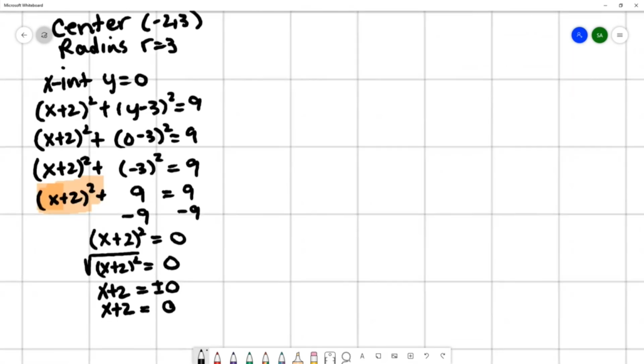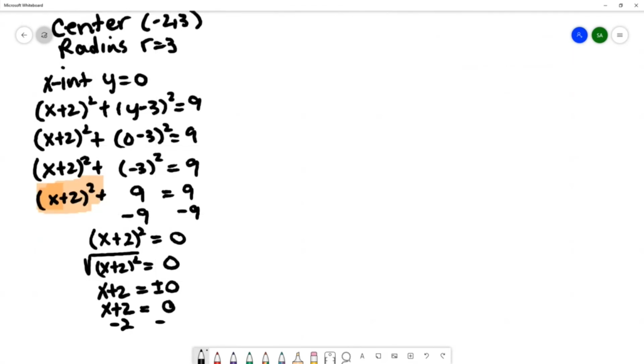So then I want to get x by itself, so I'll subtract 2, and x equals negative 2. So this circle would only have one x-intercept, and that is at negative 2. Then we're going to find the y-intercept.